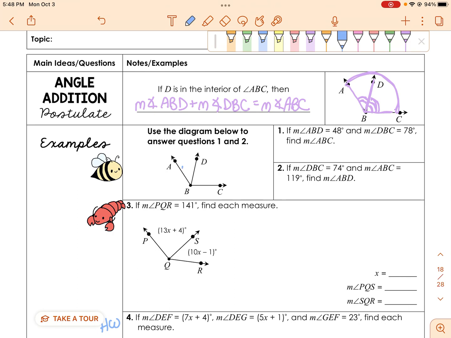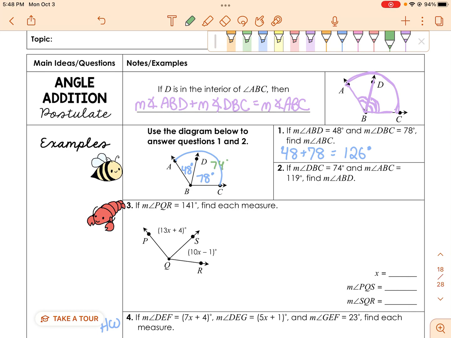So here, let's try this by putting the numbers in. So measure of angle ABD is 48 degrees. DBC is 78. And they want the whole thing, ABC. So it's just going to be the combination of 48 and 78, which is 110 and 16. So that's 126. And then I'll use a different color for the other one.